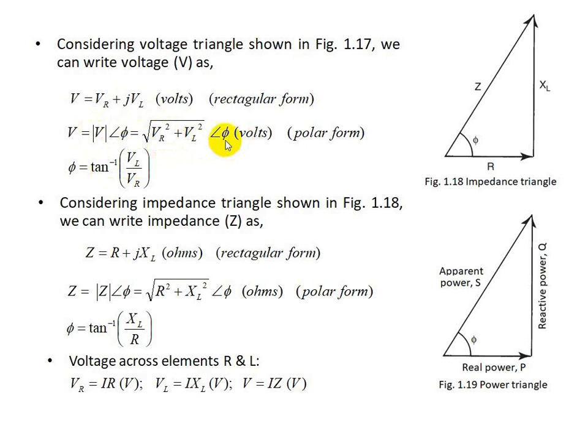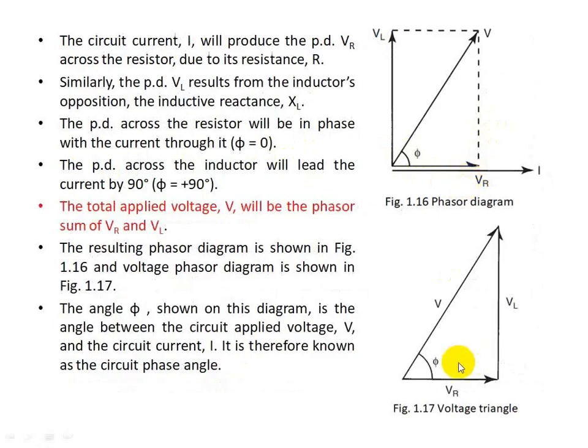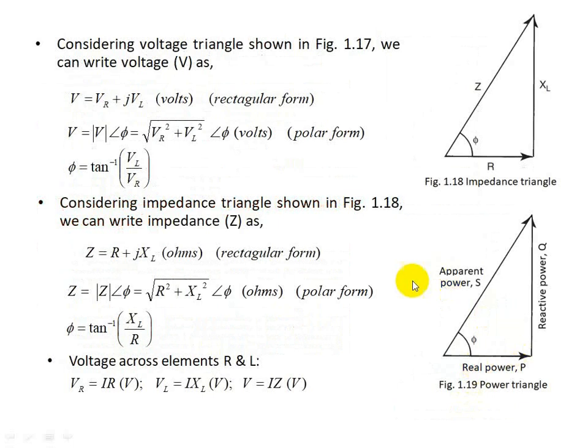So in polar form, we write magnitude at an angle, where phi is the power factor angle. So phi is tan inverse of VL by VR. You know that tan phi is opposite side by adjacent side. In the voltage triangle, the opposite side is VL and the adjacent side is VR. So we can write tan phi as VL by VR, and phi as tan inverse of VL by VR.